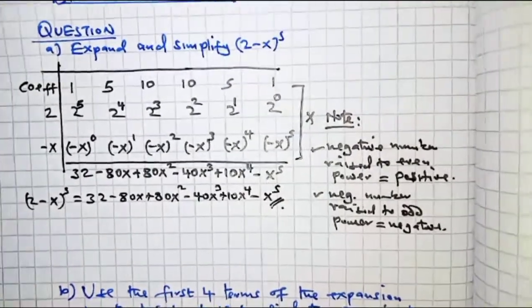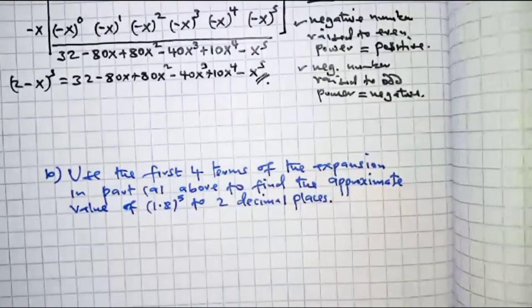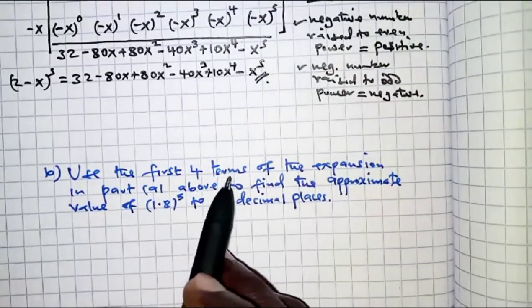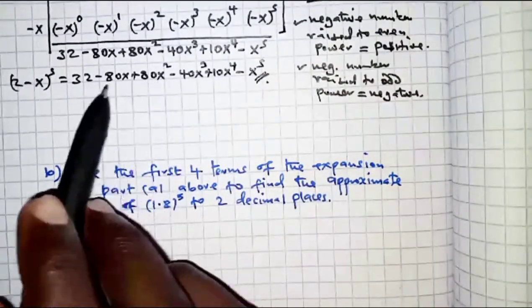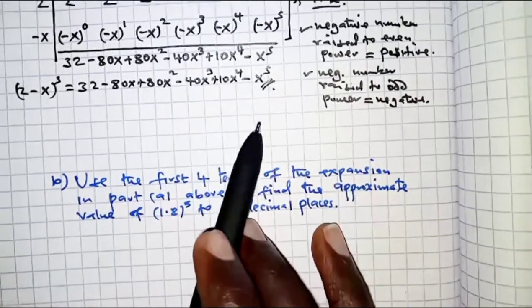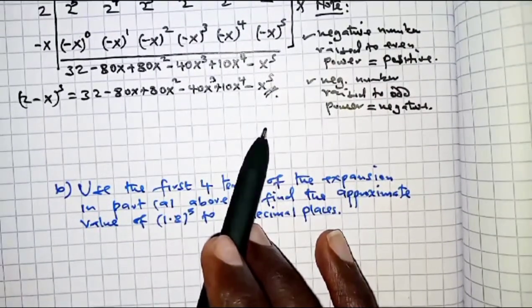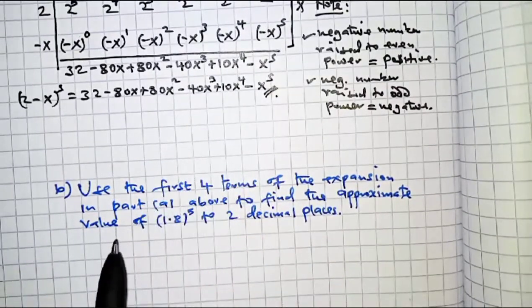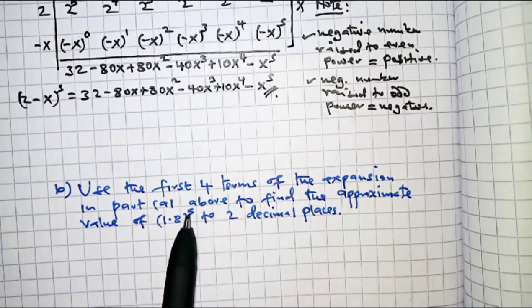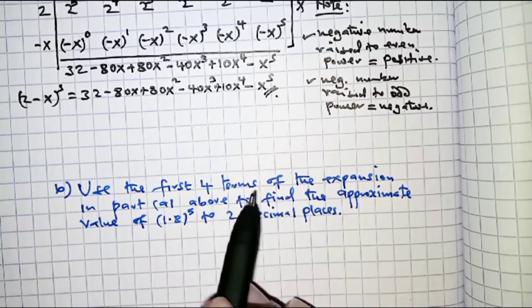Finally, for part B, we are required to use the first 4 terms of the expansion in part A. So we are going to use this expansion to approximate the value of 1.8 to the power 5 to 2 decimal places.